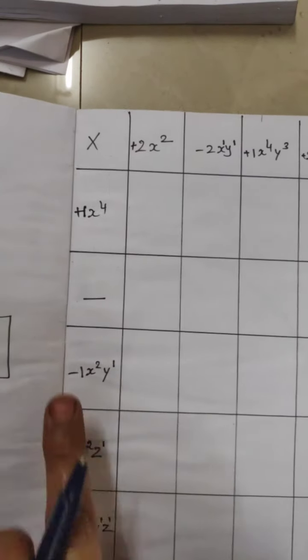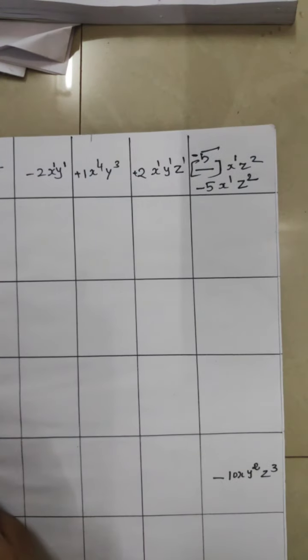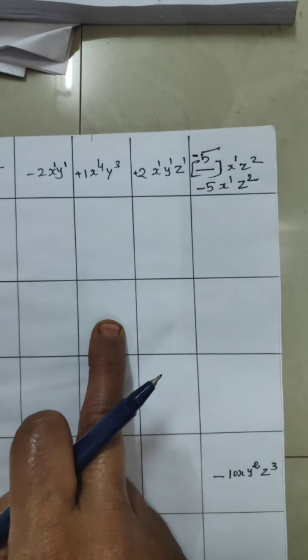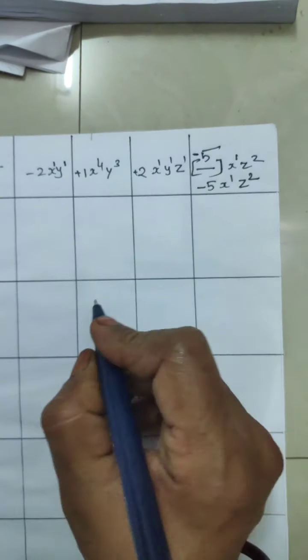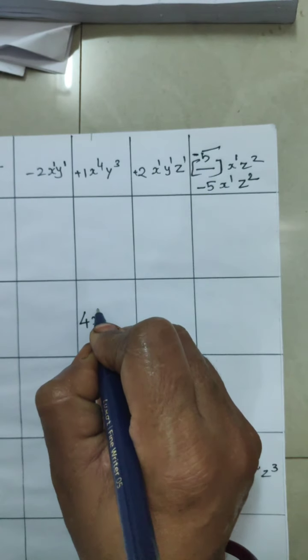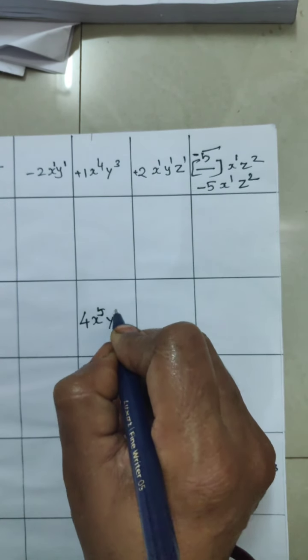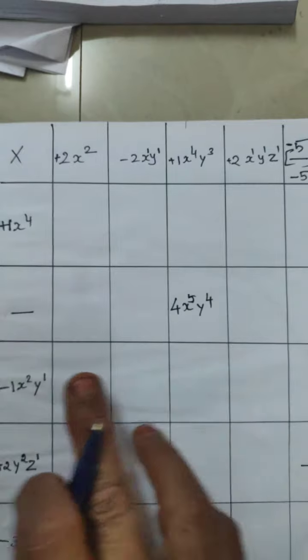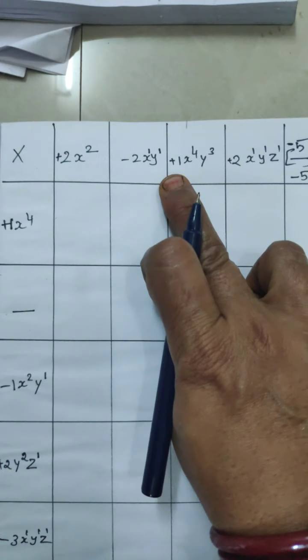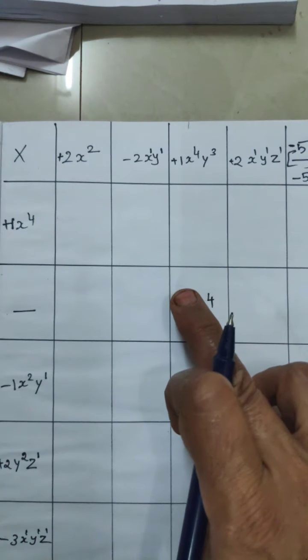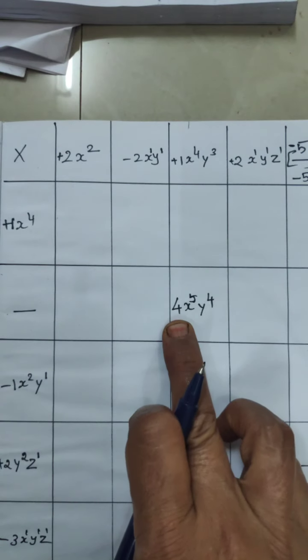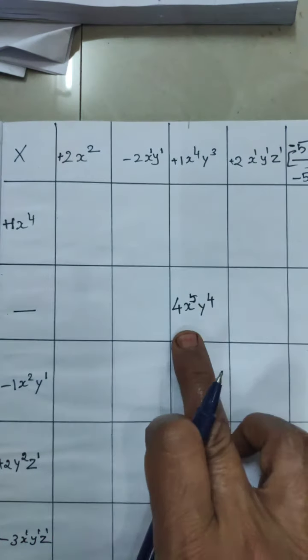Now here you see a dash is given, and one answer is given. What is the answer given? 4x power 5 y power 4 is given in the book. So dash: what is the number here? 1. 1 multiplied by which number gives the answer 4? 1 fours are 4.